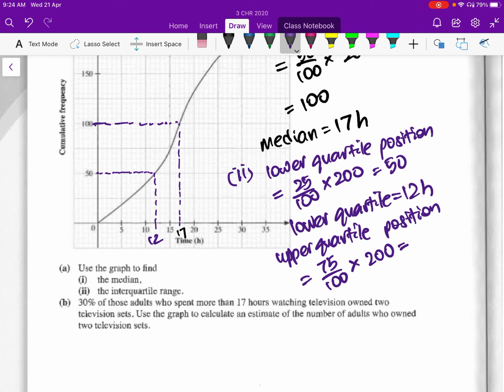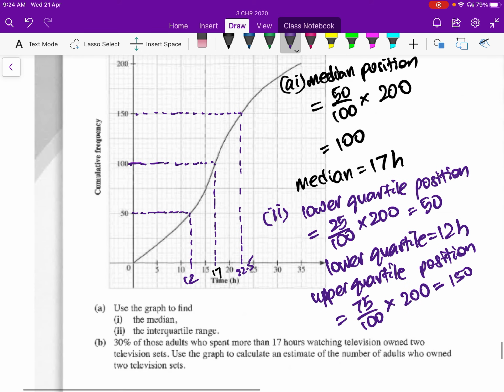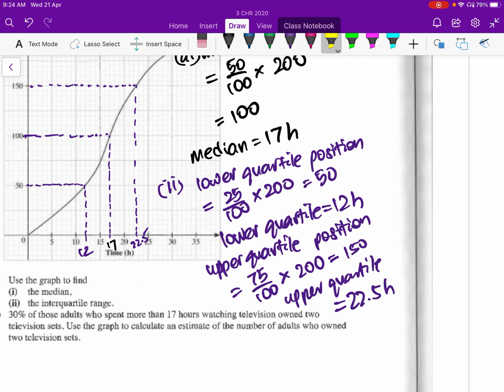So we get 150. So the upper quartile position is 150. And the value. Okay, good. 22.5. So upper quartile equals 22.5 hours. So with our lower quartile and our upper quartile, we can find the interquartile range.